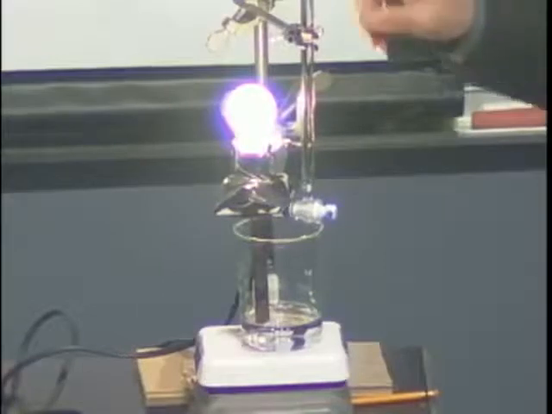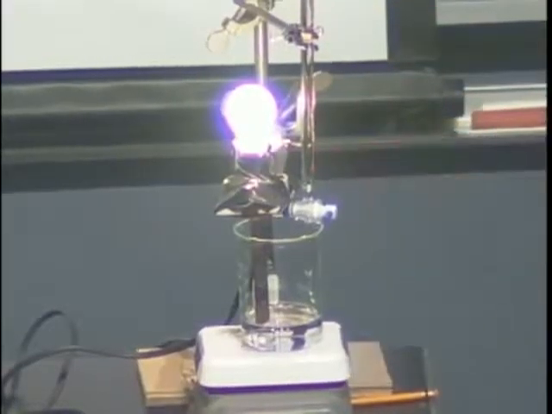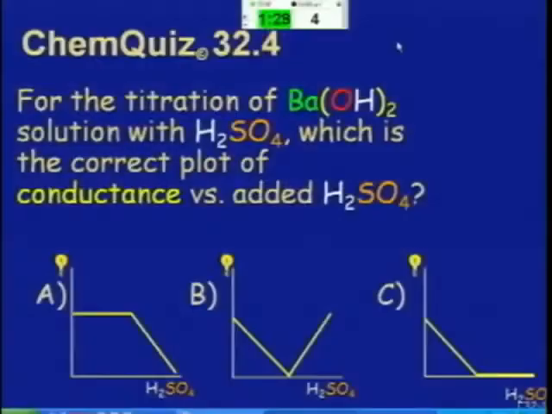Now I have in this burette here sulfuric acid. I'm going to add sulfuric acid to this. What will happen to the light? A, B, or C? Why don't you give me your answer? What will happen to the light?